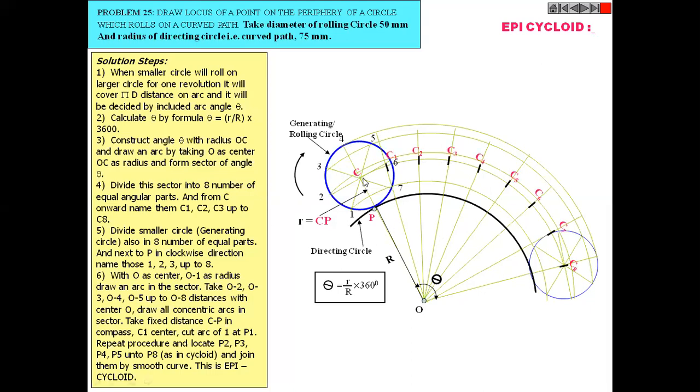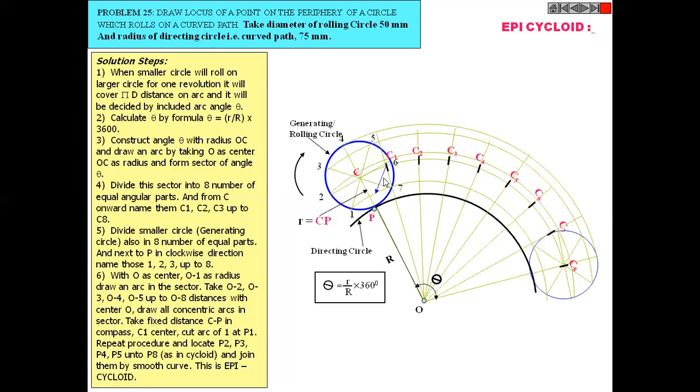Then again, originally the point P is available 25 mm from the center. So set your compass either utilizing this distance or 25 mm. Then with C1 as a center, mark one arc on the arc generated from point 1, somewhere here.